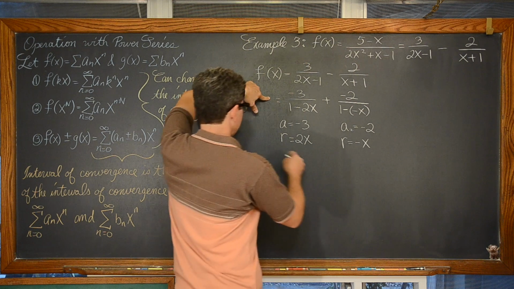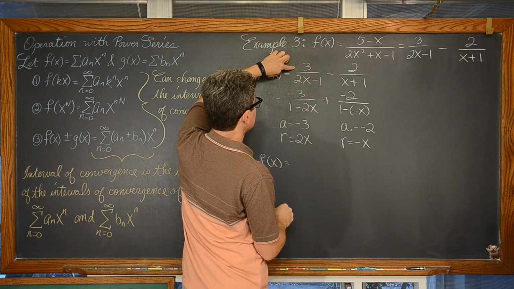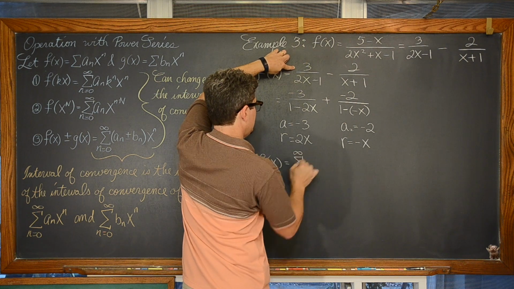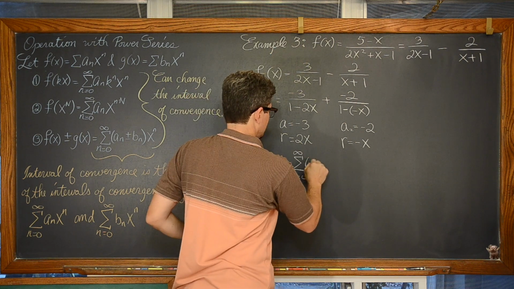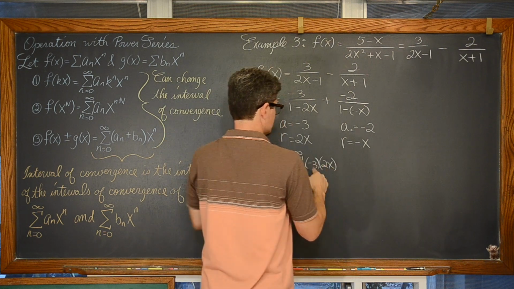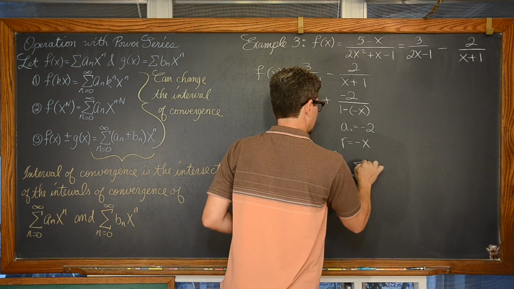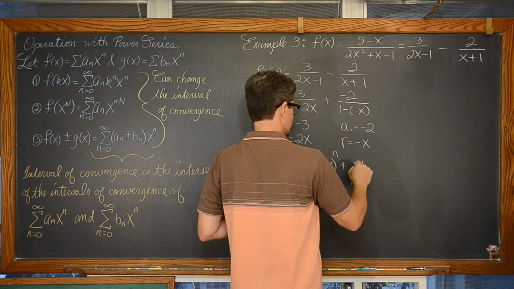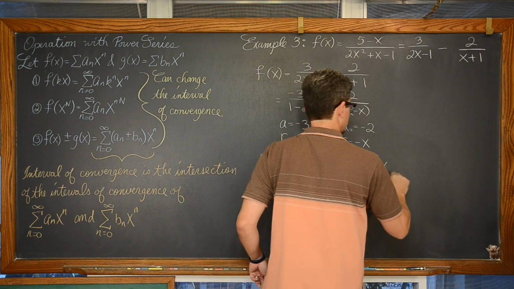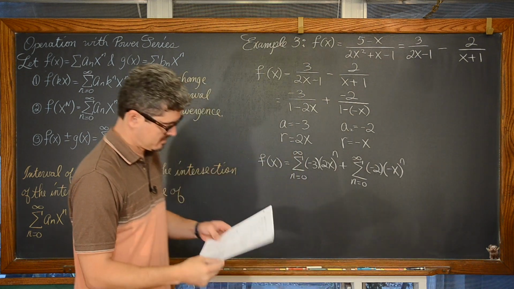So we have f of x is equal to the summation where n starts at 0 and goes to infinity of a, which is negative 3, times r, which is 2x, to the n, plus the summation where n starts at 0, goes to infinity of a, which is negative 2, times r, which is negative x, also raised to the n power. Now again, just checking my work.